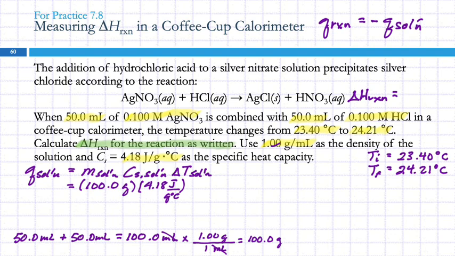So, how do we calculate delta T? It's the final minus the initial, right? So I'm going to take the final temperature, 24.21 minus 23.40. The change in temperature is 0.81 degrees Celsius. So that's the change in temperature for the solution.